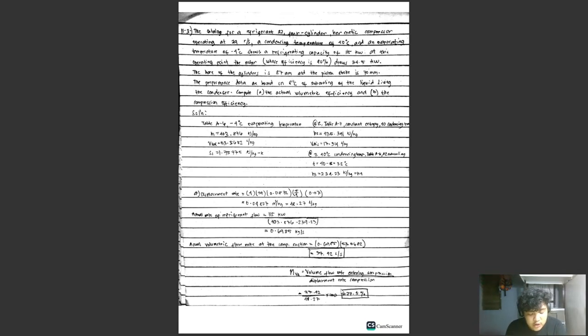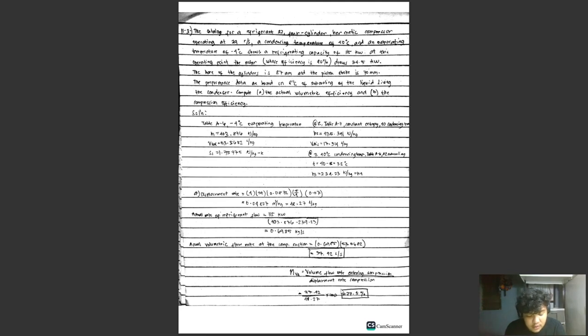So the actual volumetric flow rate of the compressor suction equals 0.6985 multiplied by 53.5682. So we have the value of the actual volumetric flow rate of the compressor suction as 37.42 liters per second.